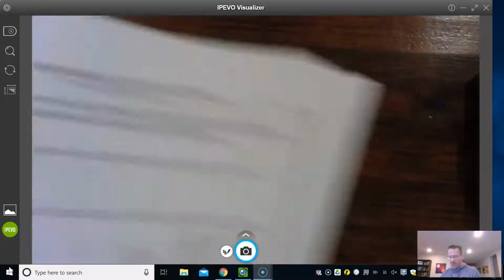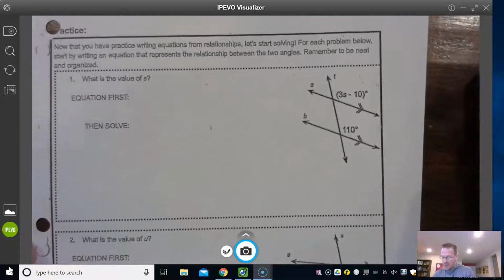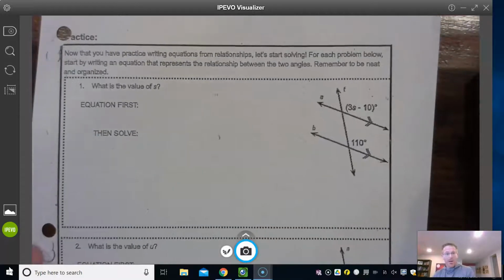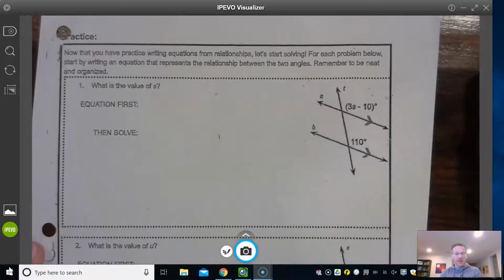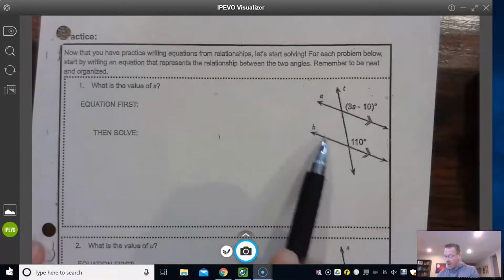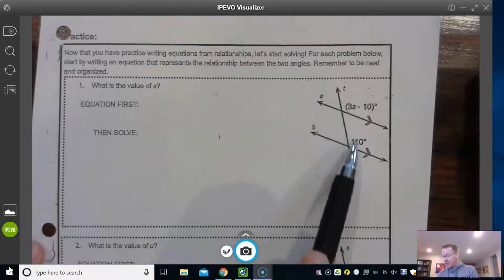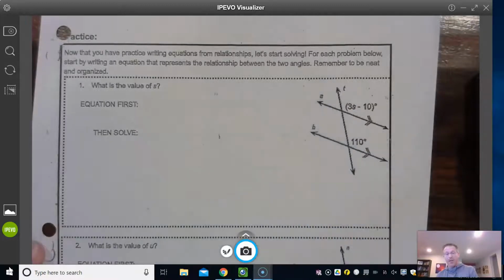Now let's flip to page 159 and look at problem 1. Once again, we want to identify the types of angles, identify the relationship from those angles, and then write our equation and solve. In problem 1, we have parallel lines, and corresponding angles on those parallel lines.